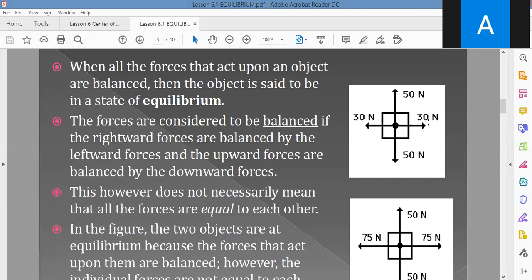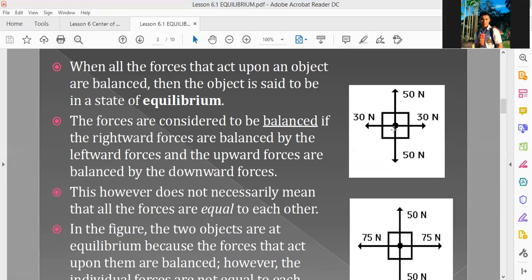Now what if one of the forces that goes up is bigger than the force that goes down? What will happen to this body? If the one going up is 70 instead of 50, will the body go up or will it remain in its place? The body will go up. When the force going up is larger, the body will start to move upward.